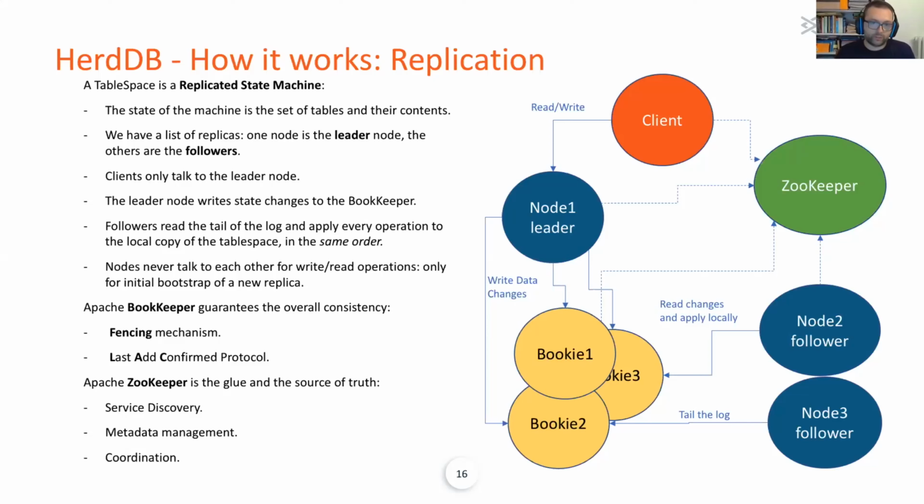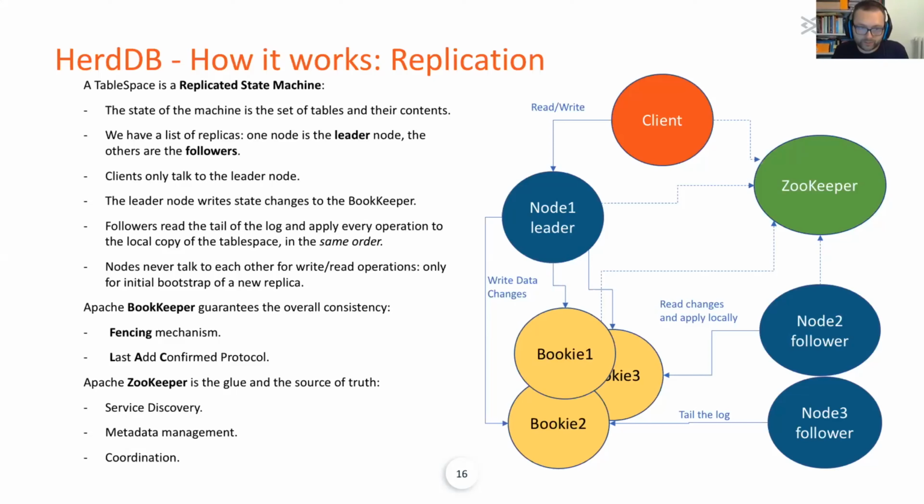And so the only option is to connect to another node, download a fresh snapshot of all of the data, and then you can start from that point in time replaying the log. Apache BookKeeper guarantees the overall consistency through the fencing mechanism that we are going to see in the next slide, and the last add confirmed protocol.